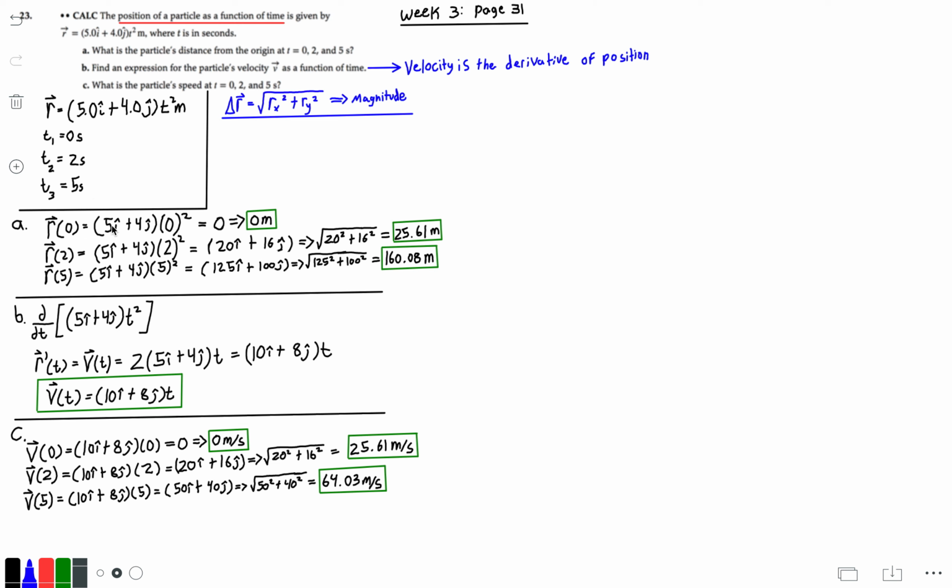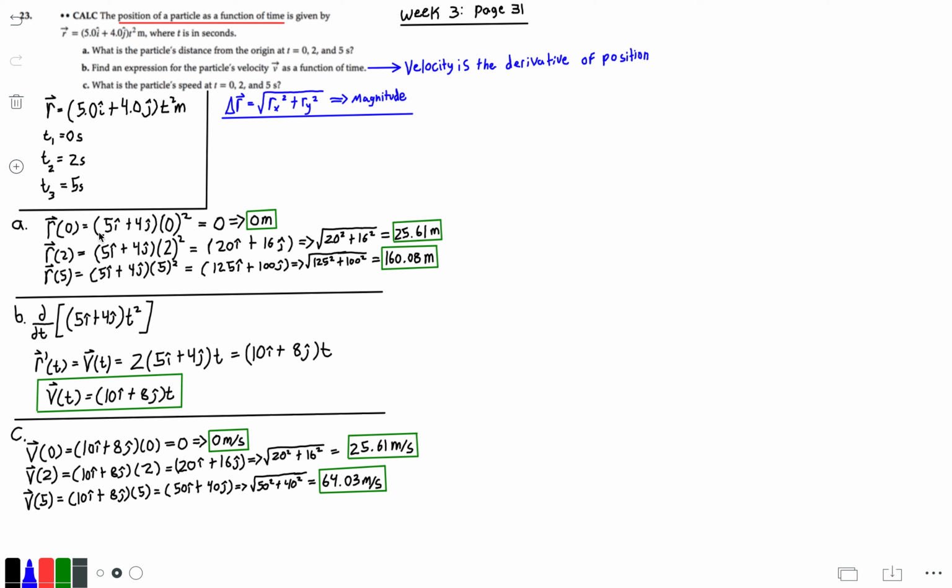For part A here, what we're going to be doing is plugging in values for time into our function relating to position. As we can see with the i hat and the j hat, we're using unit vector notation, and there's no k hat because this is only two dimensions.